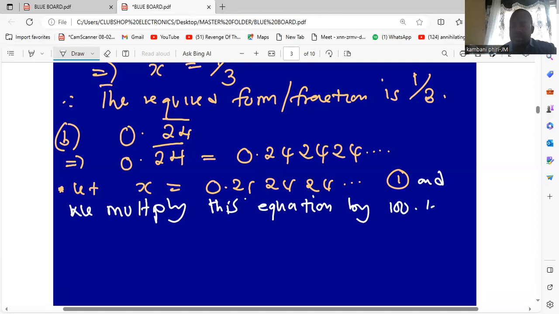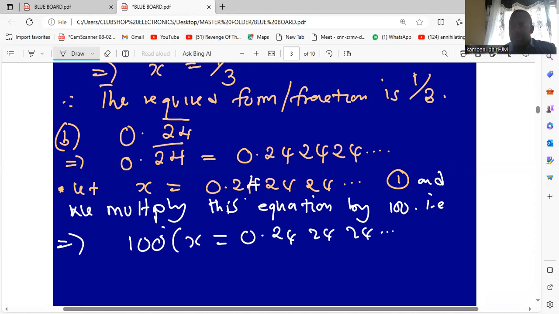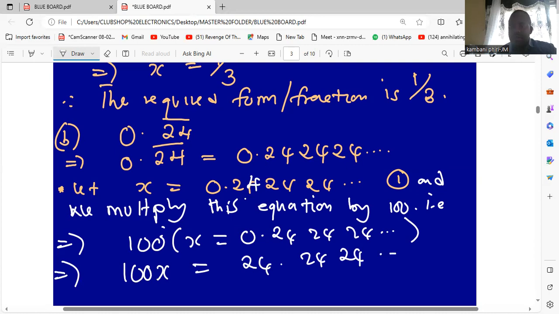Okay, that is 100 open bracket x is equal to 0.242424 up to positive infinite. What does this imply? We have 100x is equal to 24.2424 up to positive infinite. And we take this as our equation 2.